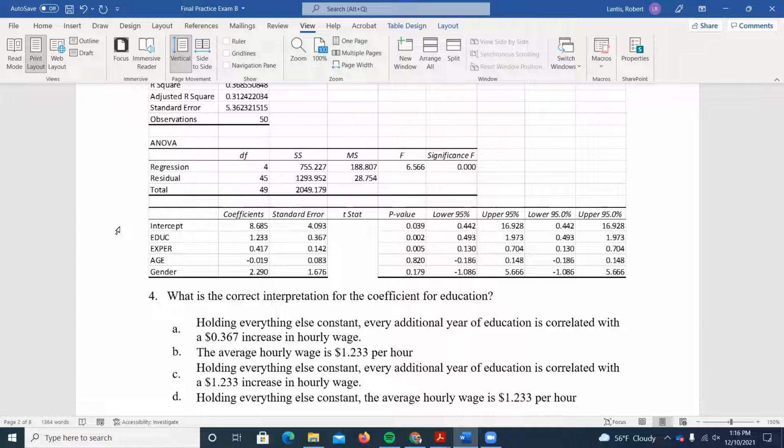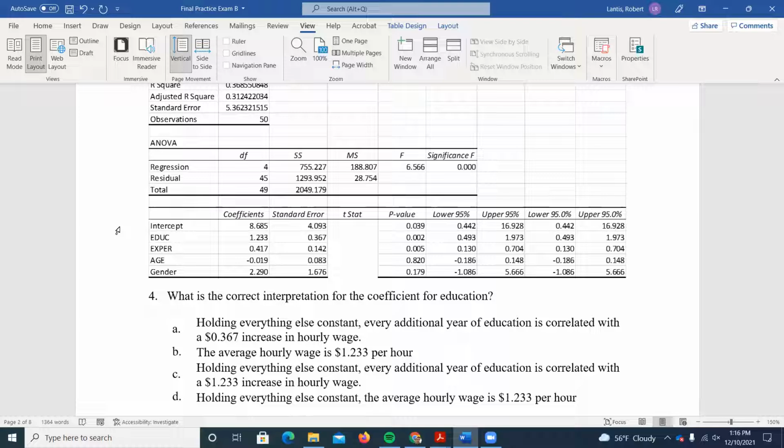So the general form of the interpretation is a 1 unit change in my X variable causes the predicted Y variable to go up or down by whatever that coefficient is. So here, how would I interpret the coefficient of education? Yeah, with an additional year of education, the wage will go up $1.23. Yep.